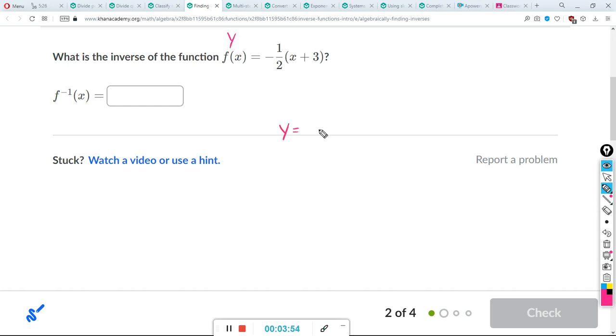Y equals negative 1/2 times x plus 3. Step 1 is to reverse or switch x and y, so I'm going to change the y to an x, and x plus 3 becomes y plus 3. In order to get rid of the negative 1/2, I'm going to multiply both sides by negative 2.